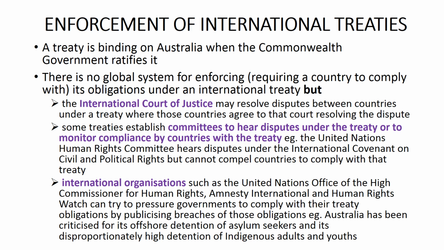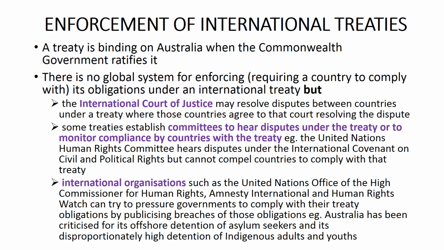A limitation of this committee is that it can't compel countries to comply with the International Covenant on Civil and Political Rights. However, what it can do is investigate suspected breaches of that international covenant and report on those breaches. By publicising that report, it seeks to pressure or shame the country that has breached that international covenant into complying with its obligations under that treaty.